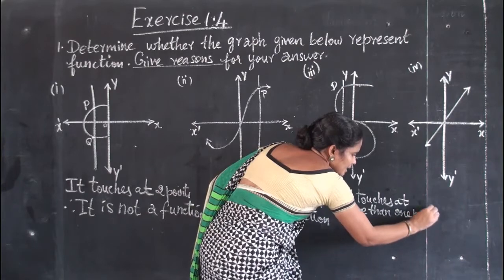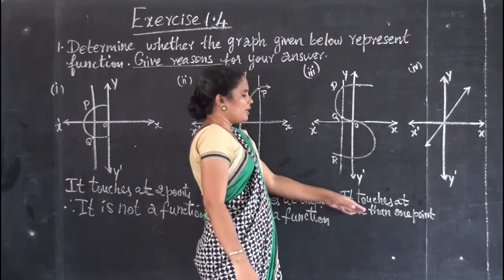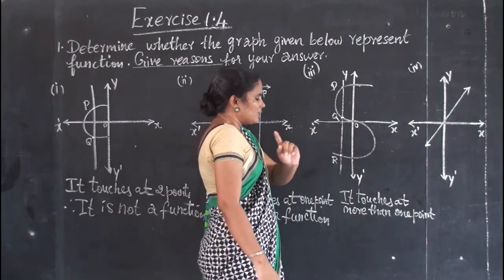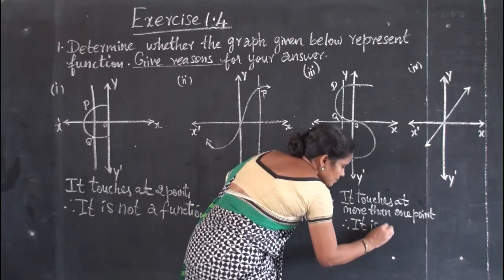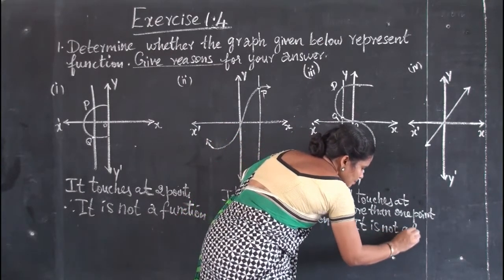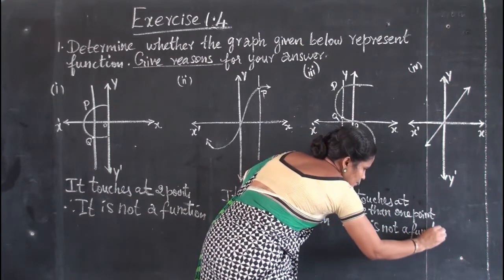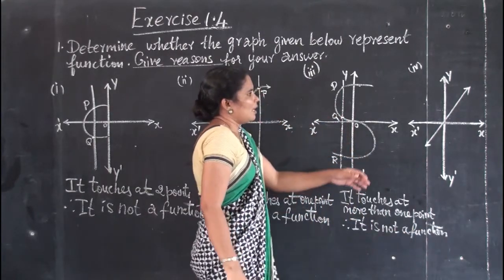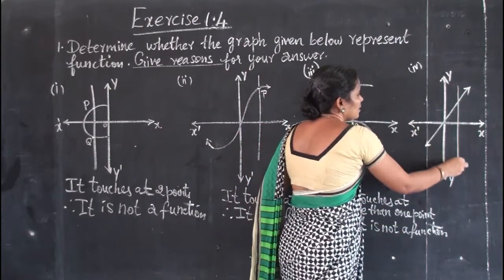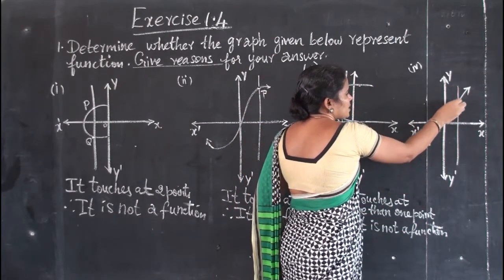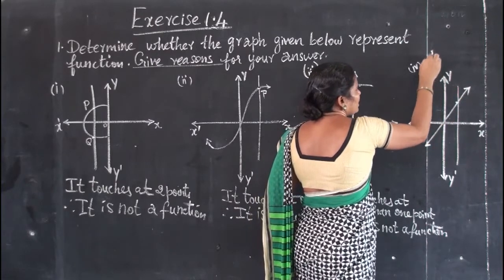It touches at more than 1 point, or otherwise it touches at 3 points. Therefore it is not a function. In question number 4, if you draw a vertical line, it touches at 1 point. It is very clear, therefore it is a function.